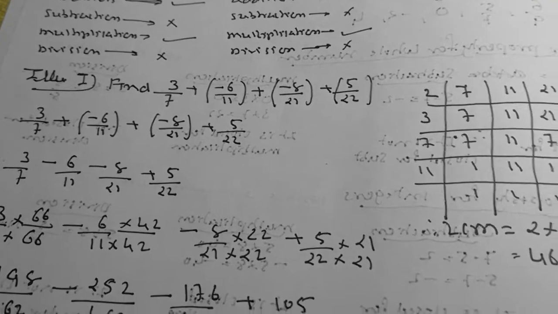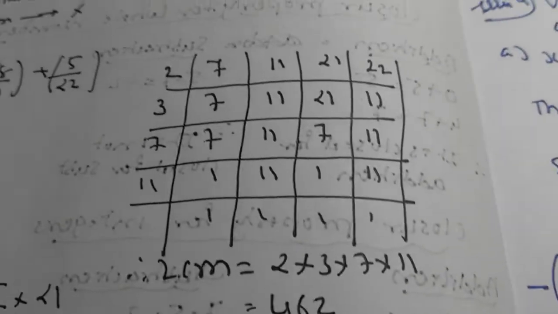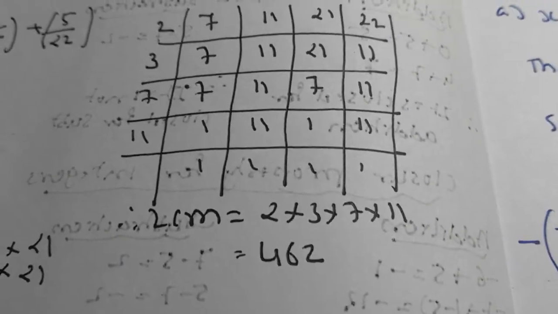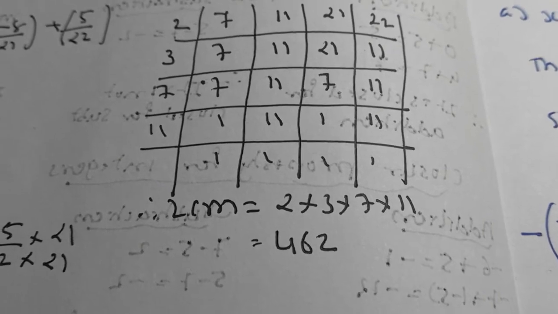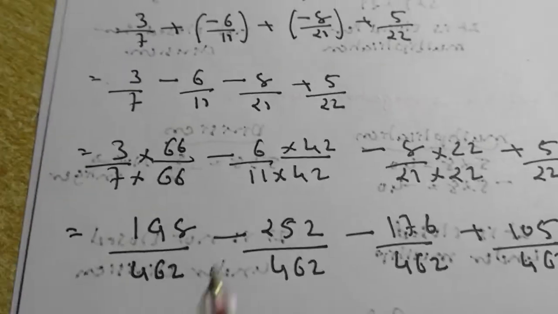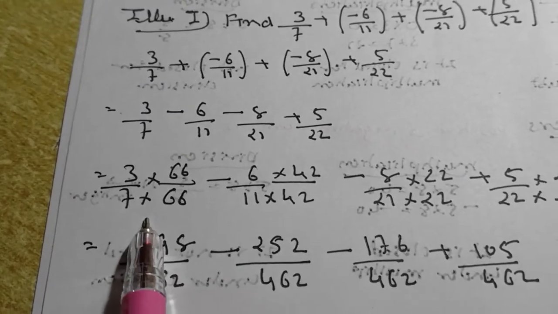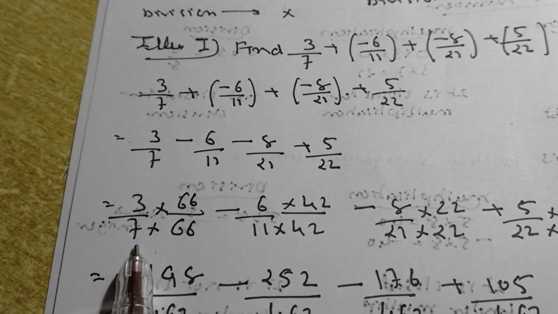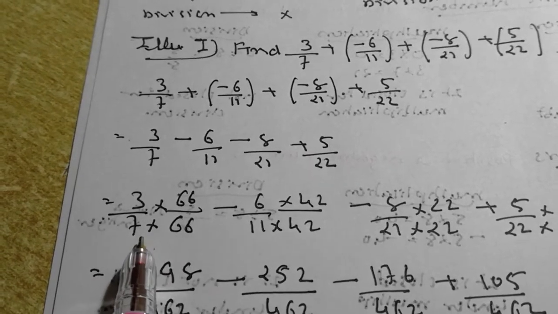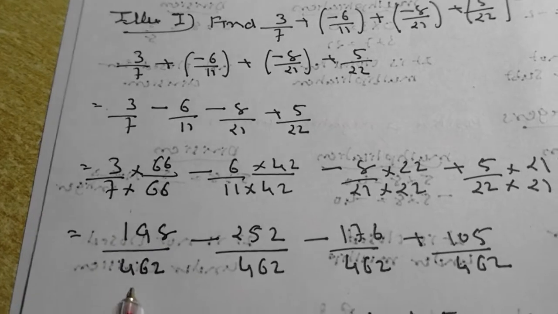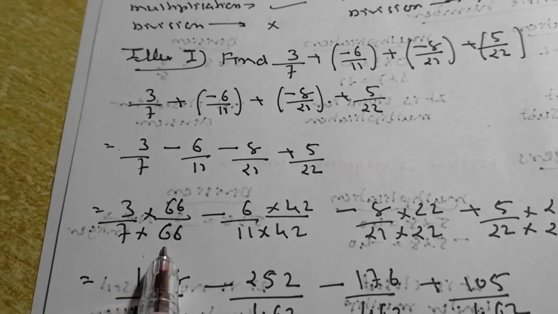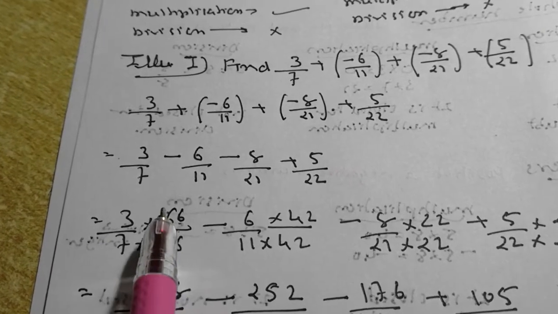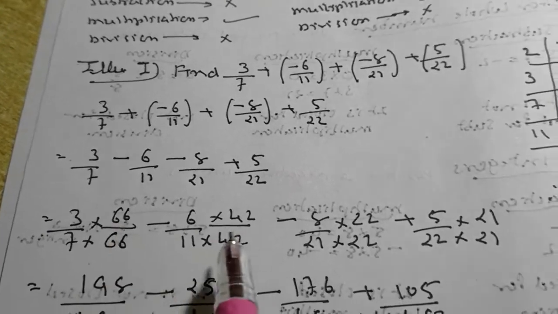Now I am going to take the LCM of all the denominators. So LCM is 462. So I have to make the denominator 462. You have to find out which number you multiply 7 by to get 462. So it is 66. So I am multiplying denominator and numerator both by 66.